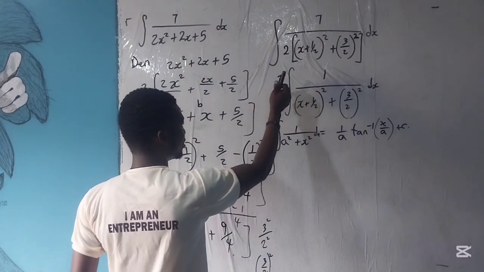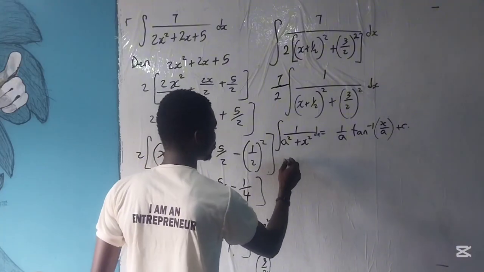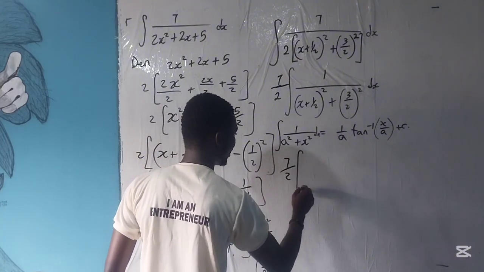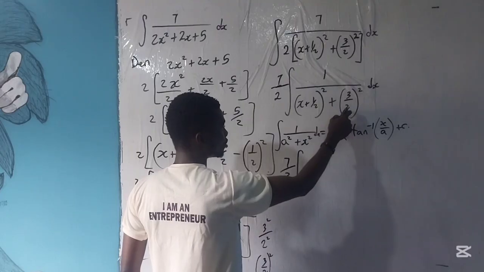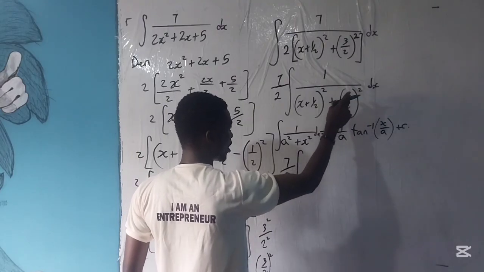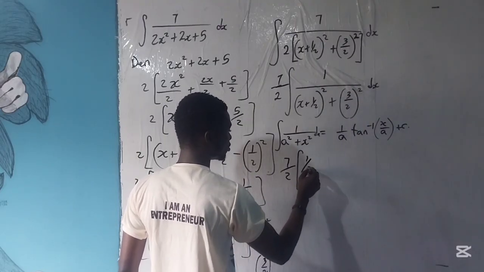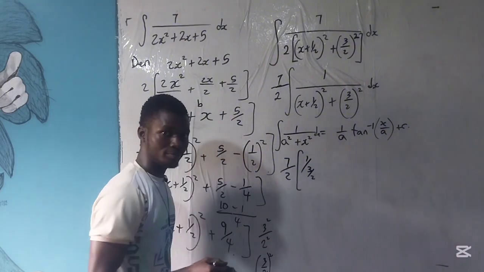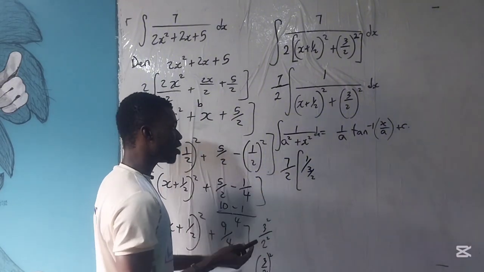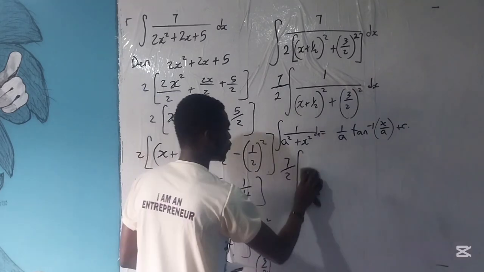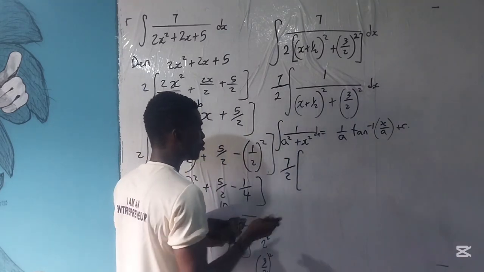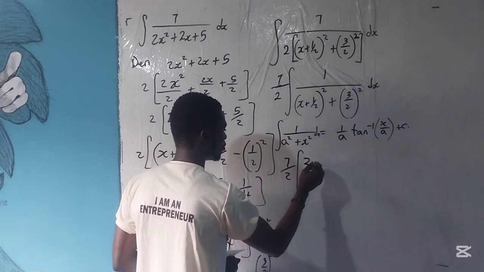The 7/2 is the coefficient that's outside. So that means we're going to have 7/2 into 1/a. That's 1 over this one. Our a is the bracket. That's 1 over 3/2, right? And what is 1 over 3/2? The inverse of 3/2 is 2/3. So 1 over 3/2 is 2/3. I'm sure you know how I get that.